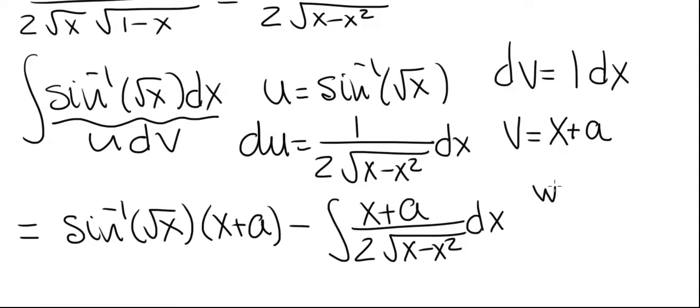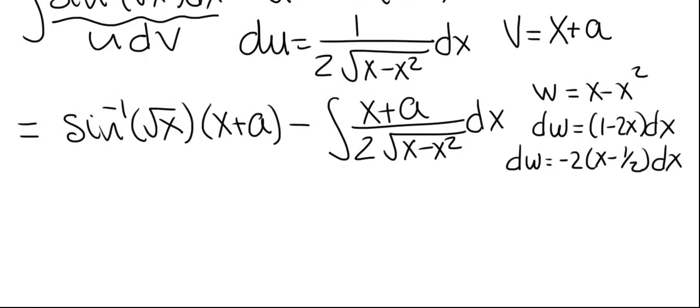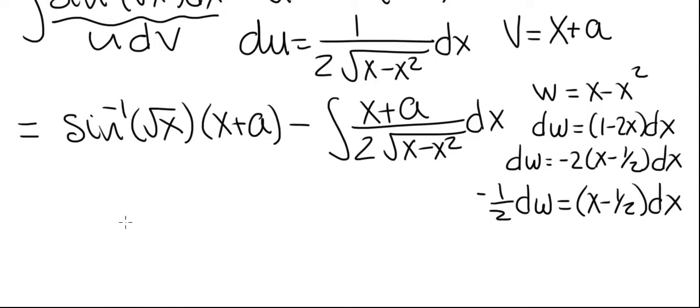We're going to let w equal x minus x squared. dw is 1 minus 2x dx. Now let's factor out minus 2 so that dw is equal to minus 2 times x minus 1/2 dx. And dividing both sides by minus 2, we see that minus 1/2 dw is equal to x minus 1/2 dx. So our choice for a is minus 1/2.